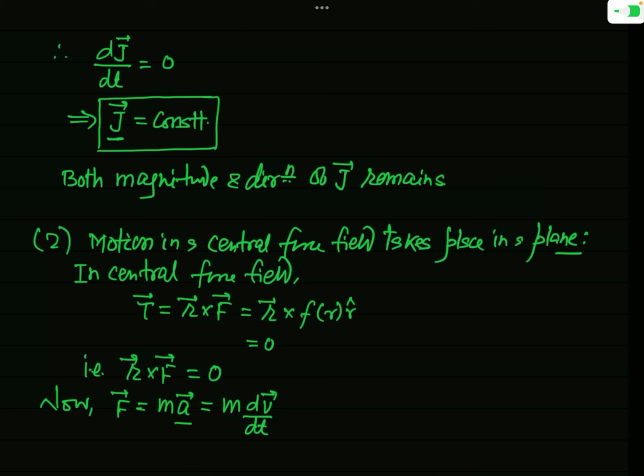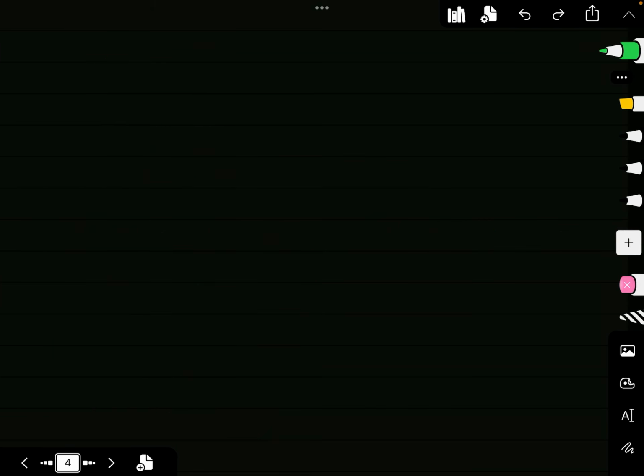Now we can put this expression for F, that is m dv dt, in place of F in this equation. So R cross F, but instead of F we write m dv dt, and this will be equal to 0.